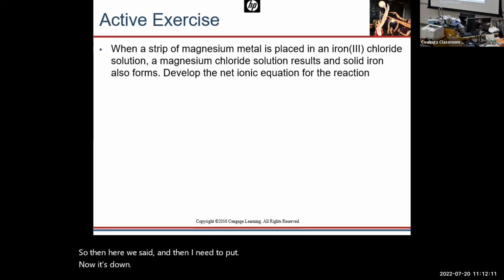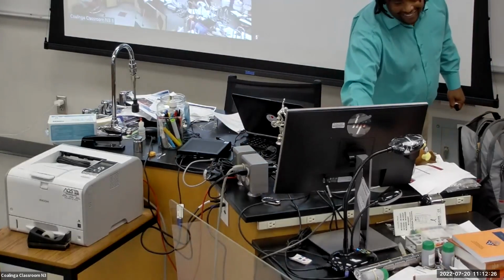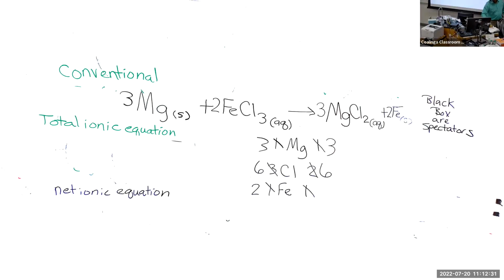Everybody agree? Okay, so the total ionic equation.